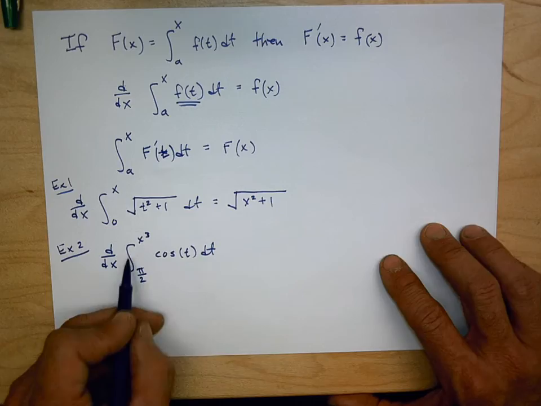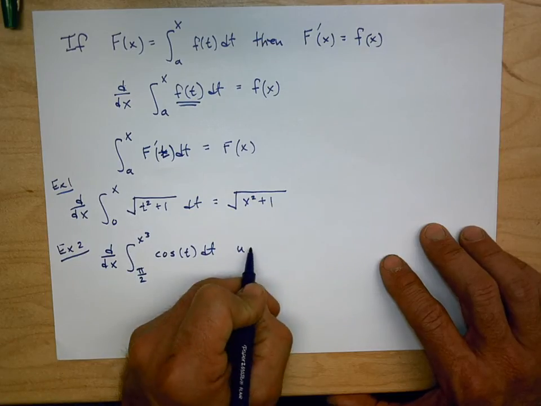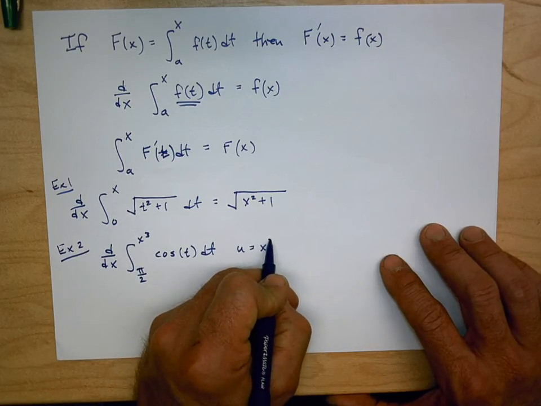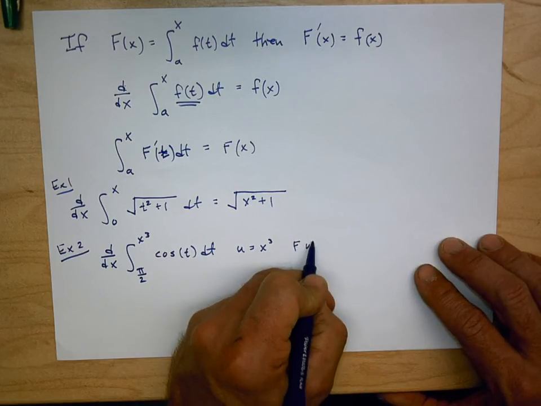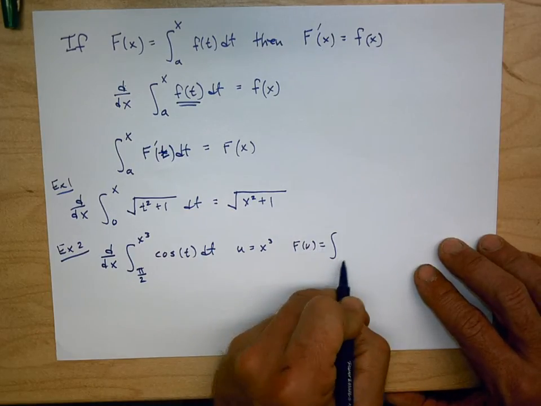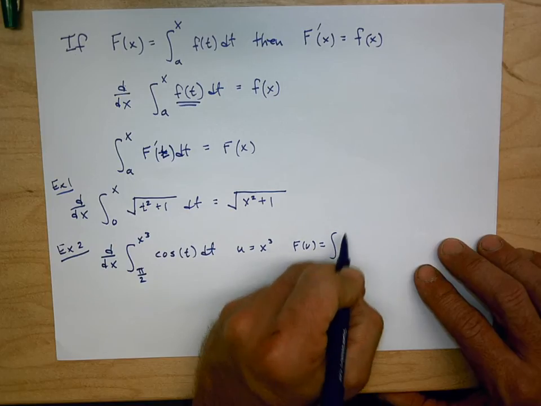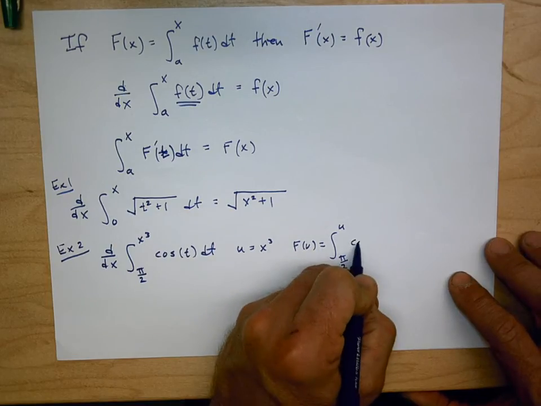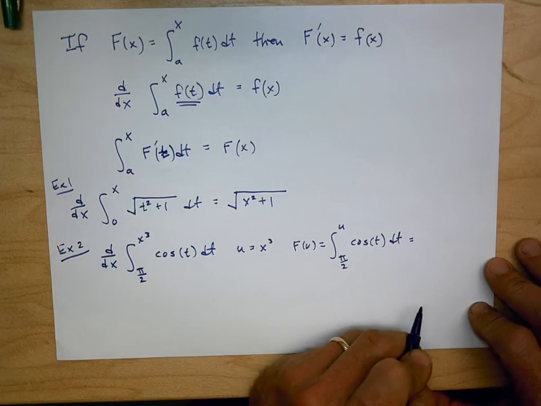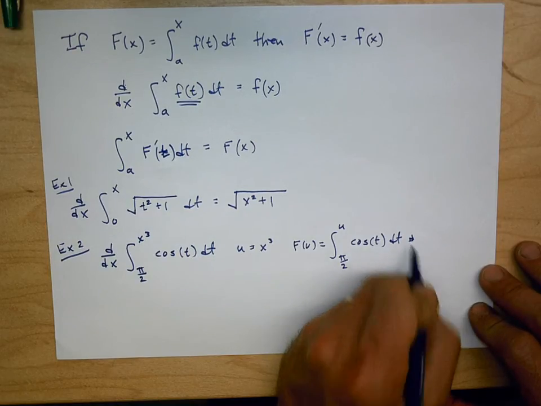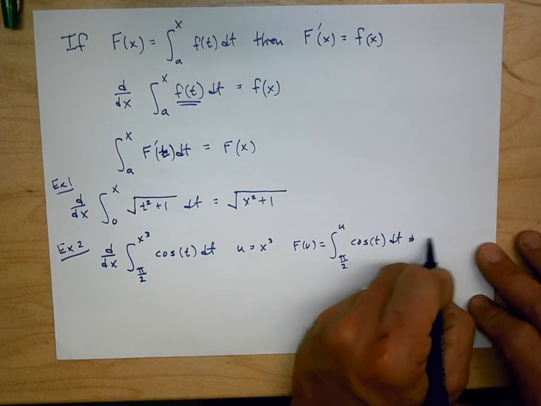One way to do this is to substitute, let u equal x cubed. Now I have f of u equals the integral from pi over 2 to u of cosine t dt.